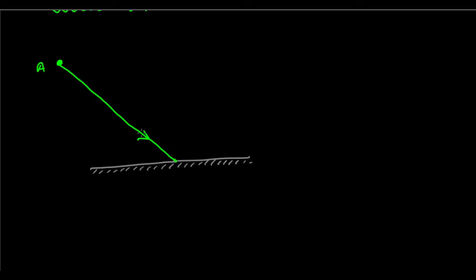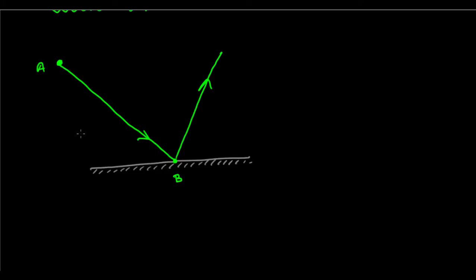Now it's hitting the mirror, and we know that the mirror is a smooth, polished surface. So what the light ray does is that it strikes the mirror at a point, suppose B, and it jumps off from this point into some other direction. So suppose some other straight direction. So the light ray strikes the mirror, then it bounces off into another direction.